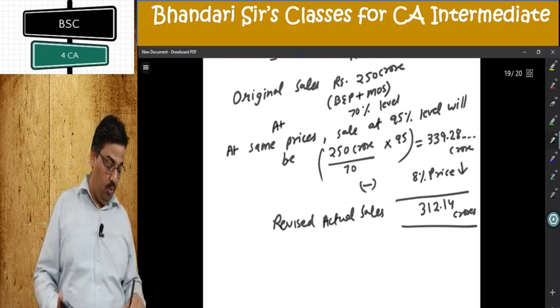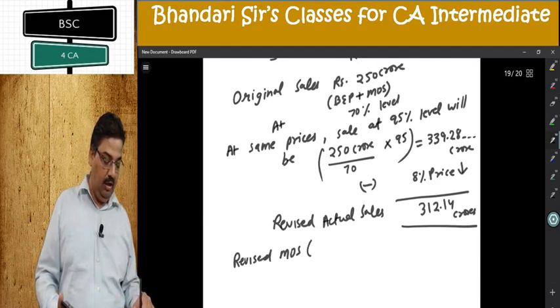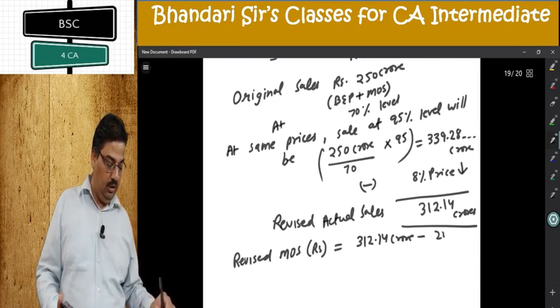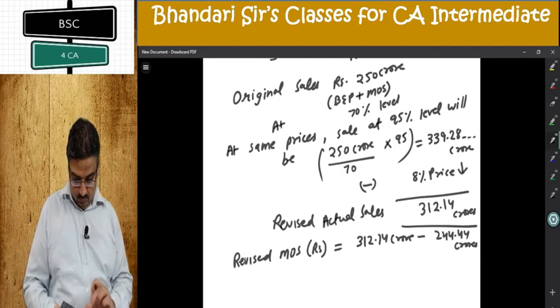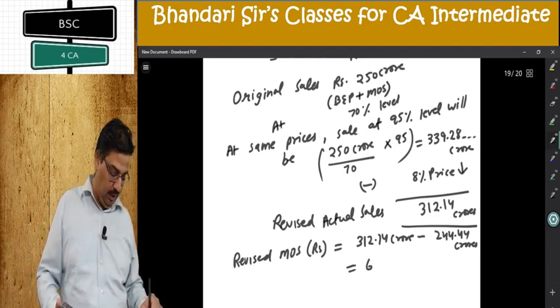So now revised margin of safety in rupees is 312.14 crore minus 244.44 crore break-even sale. This is 67.7 crore.